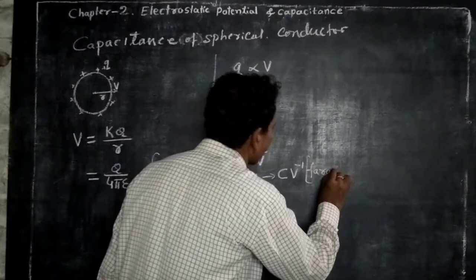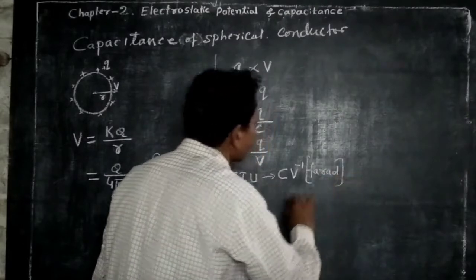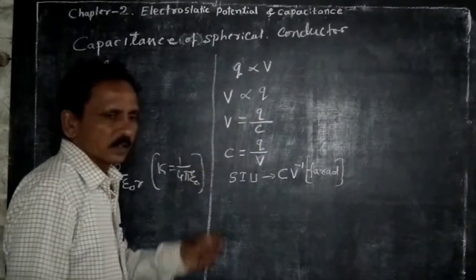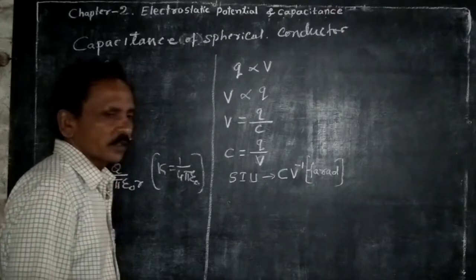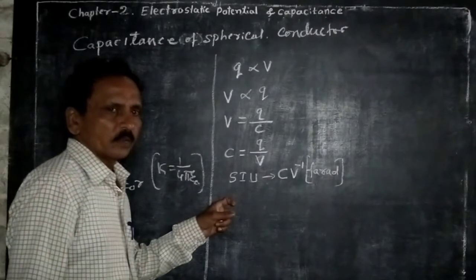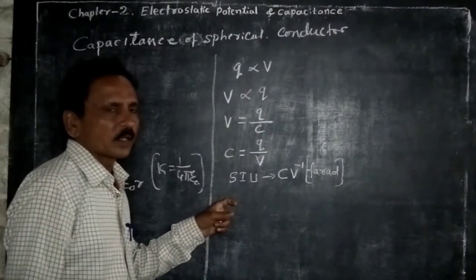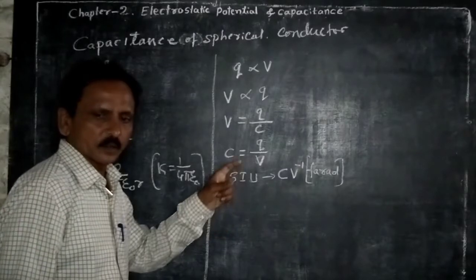Farad is the larger unit of capacitance of a conductor, and smaller units like millifarad, microfarad, nanofarad, picofarad are used.